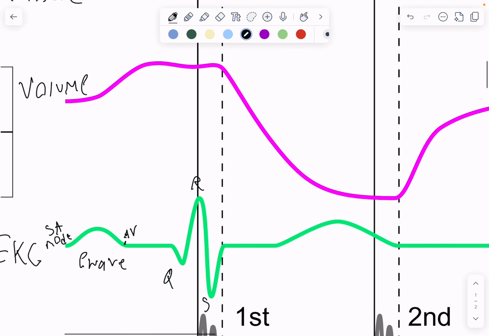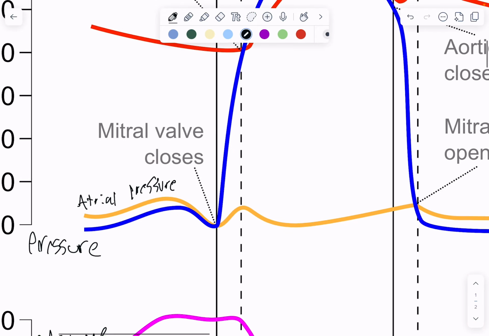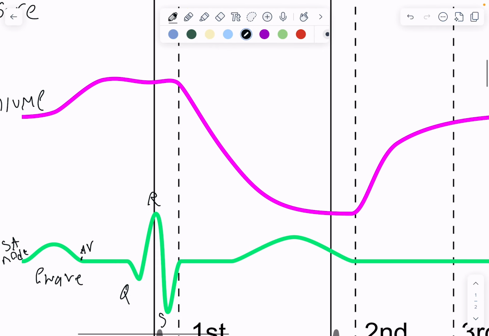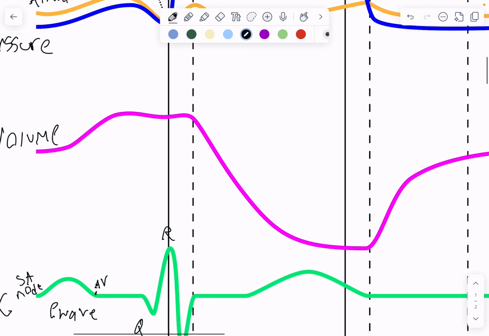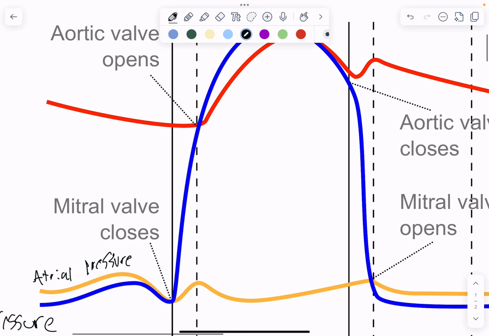And then the RS complex is the Purkinje fibers firing. We can prove that because whenever the Purkinje fibers are firing, we get a high increase in pressure, as well as the mitral valve closing to cause isovolumetric contraction.